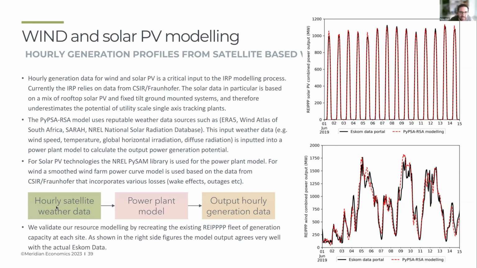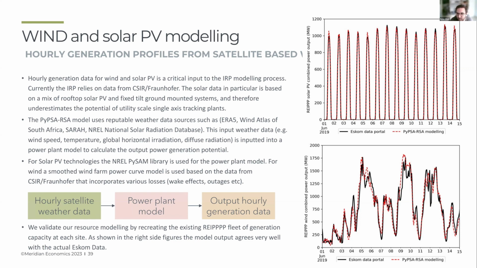That hourly weather data then goes through a power plant model where it gets converted into an hourly generation profile. That's what we can use to estimate what the renewable energy generation would be from plants located in different regions. Then we look at different geographical regions, and you can get an aggregate profile of what the plants might be generating for that region.